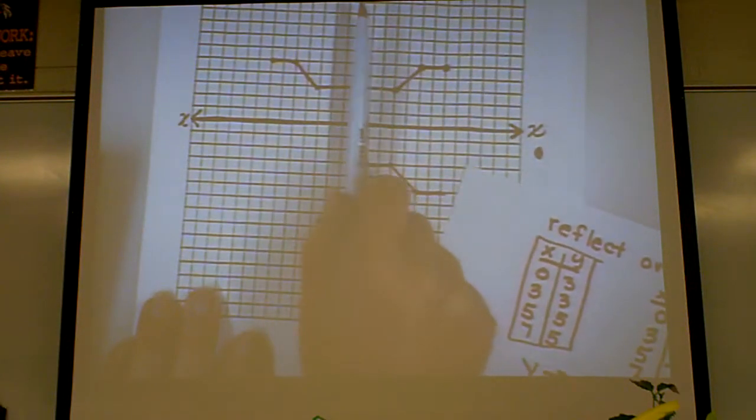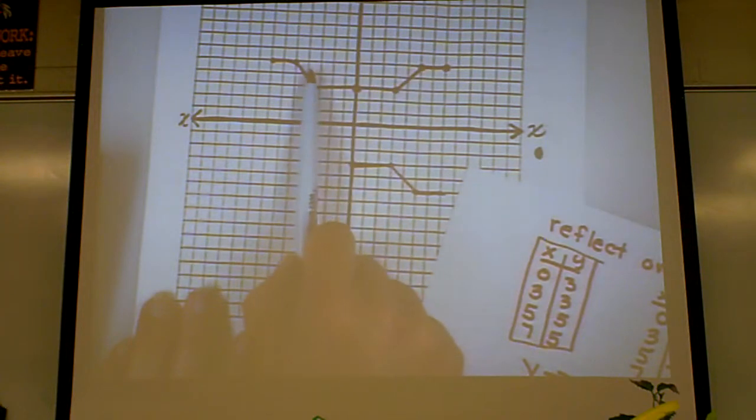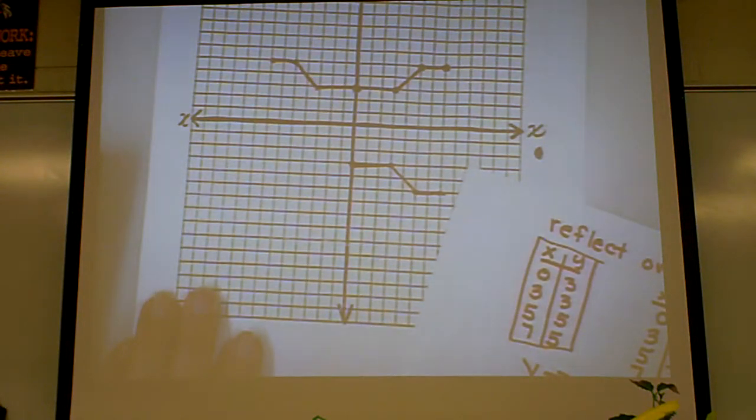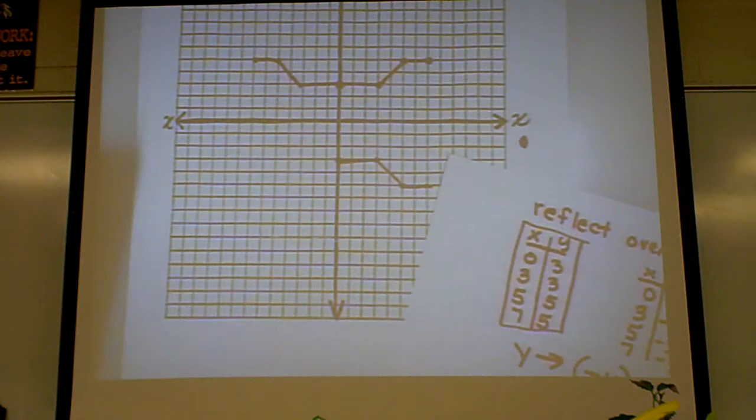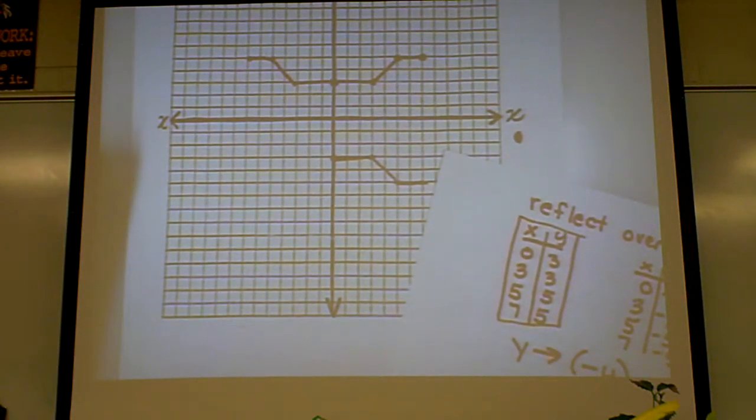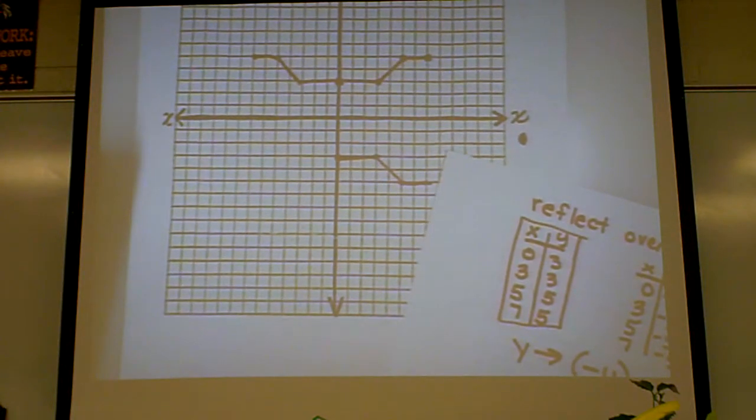Same for the y-axis. For the origin, you look at your x's and y's, and for every ordered pair, if you changed them to be the opposite, then you would say yes. Okay? So far, so good.